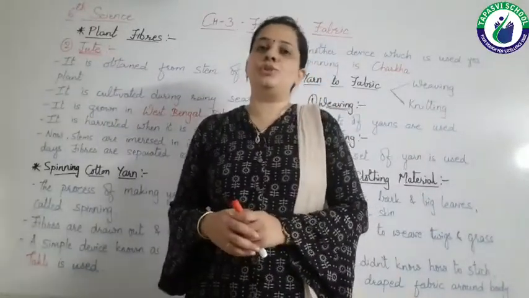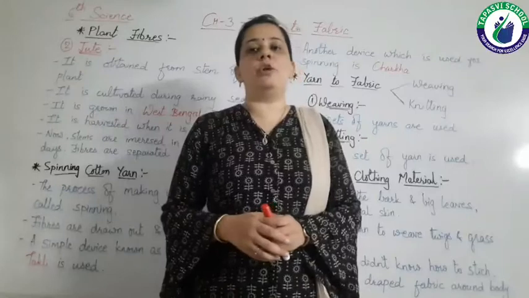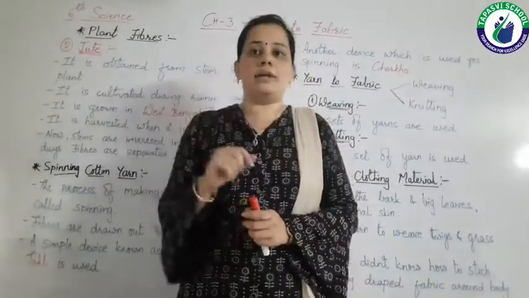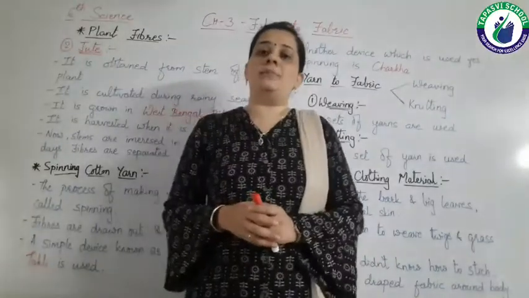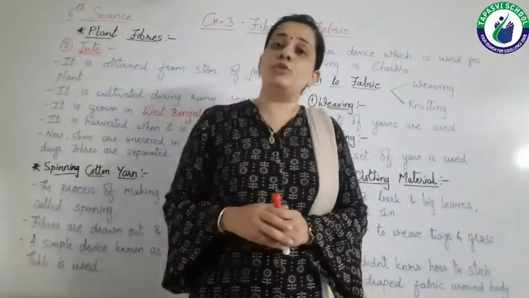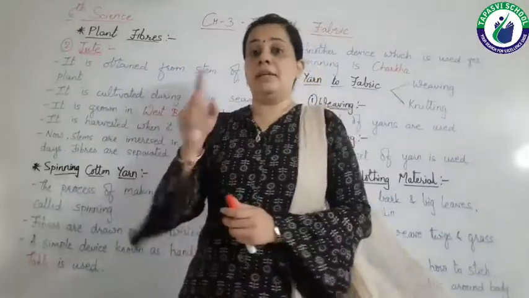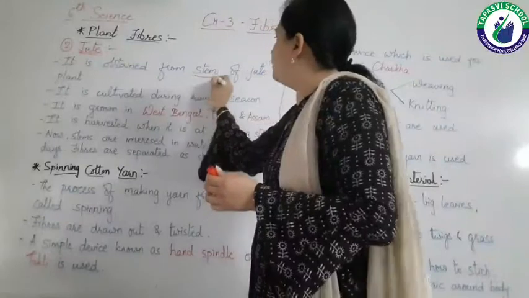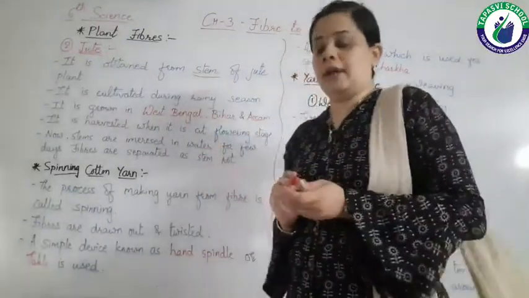Generally, jute fiber we get from the stem of the plant. In cotton, we get cotton fiber from the cotton bolls, that is the fruits of the cotton plant. But here we get jute from the stem of the jute plant, right?